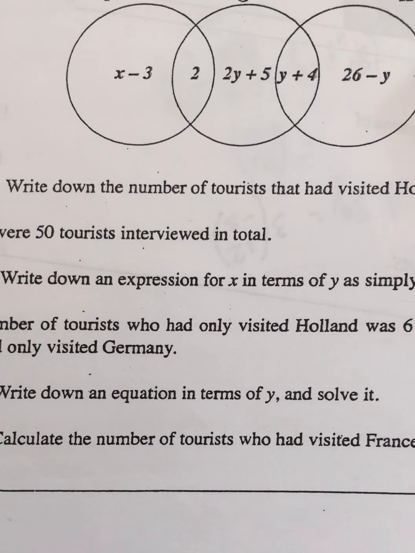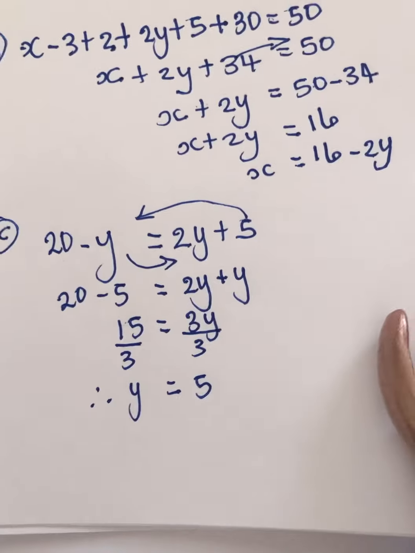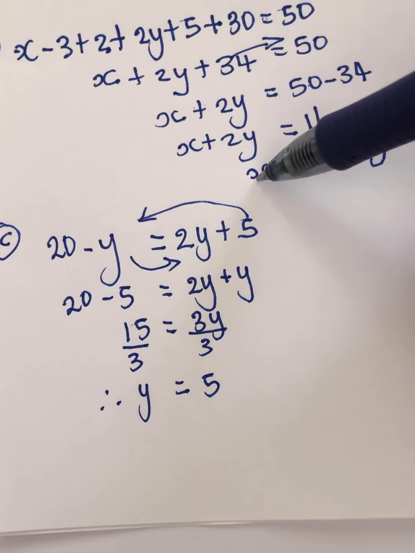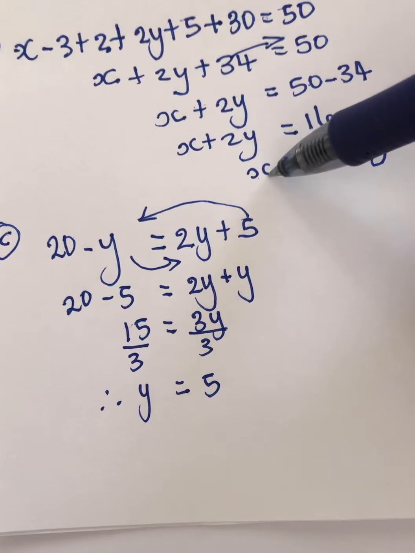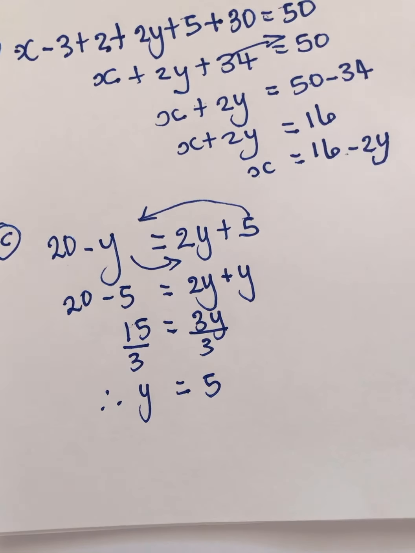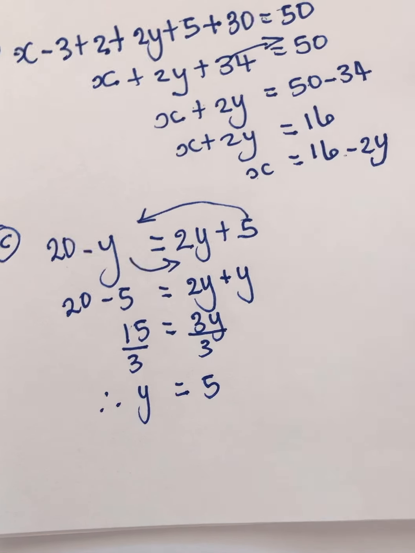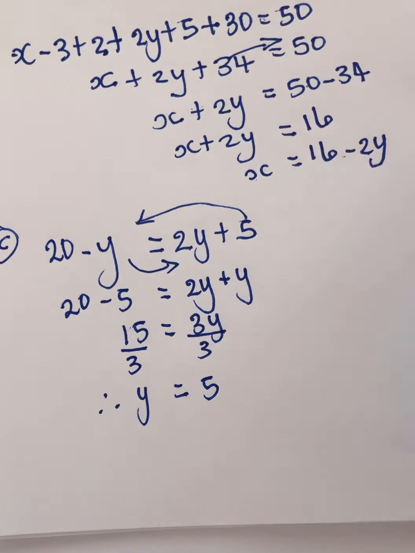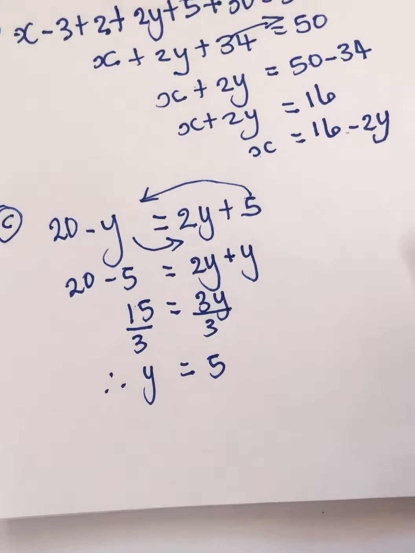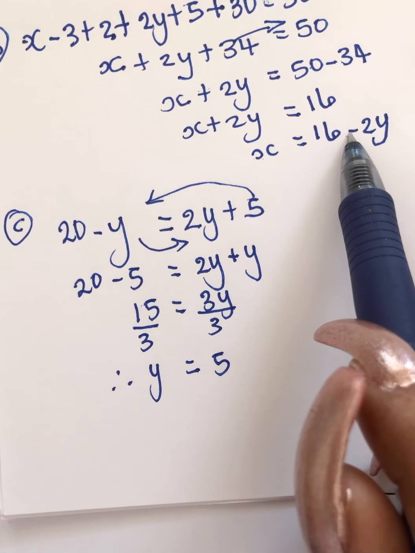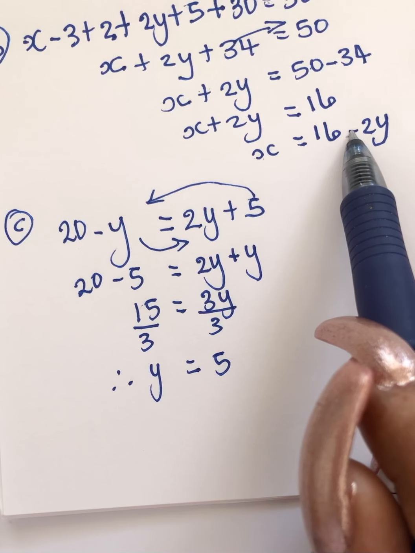But earlier, remember what we had for part B? We want to find the x value first. We need to know what this x is, because if we don't find a value for x, we will not be able to complete that question.